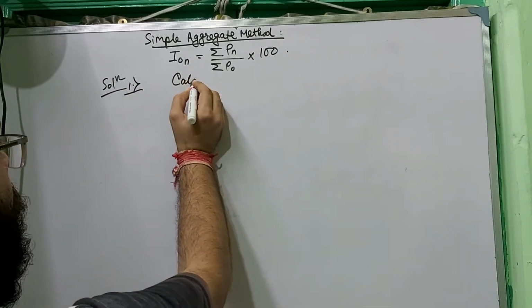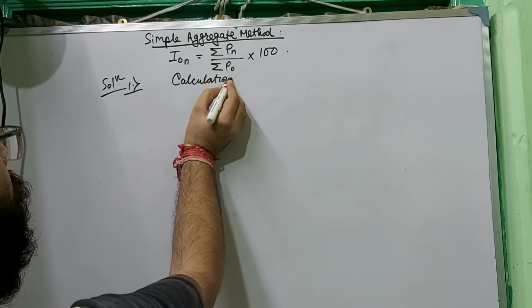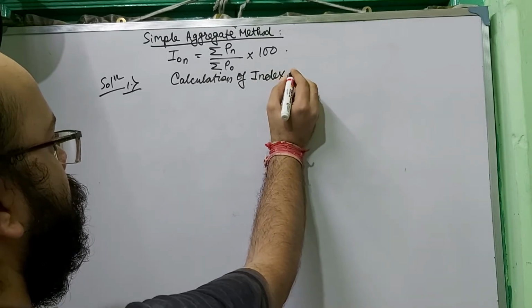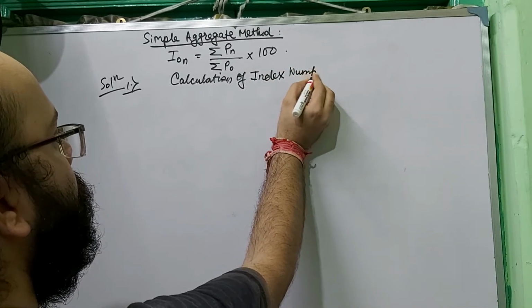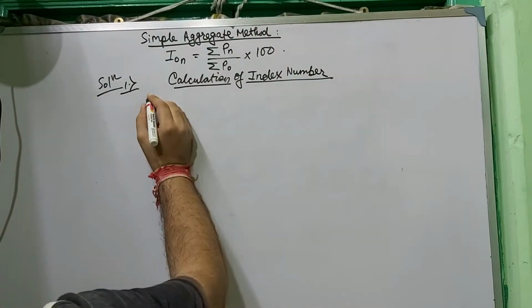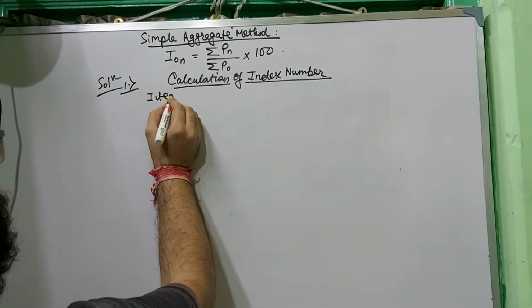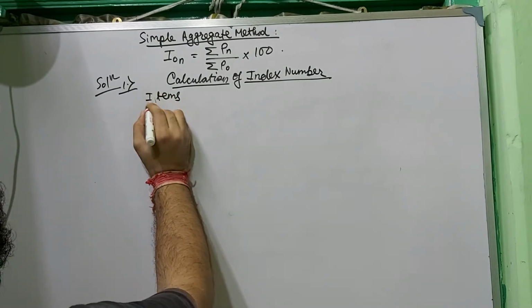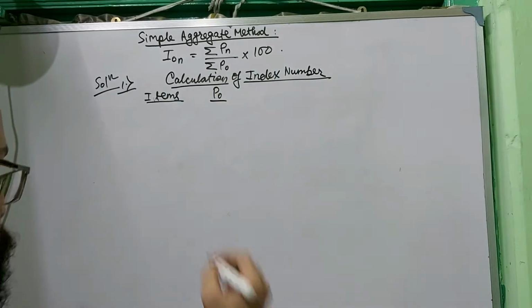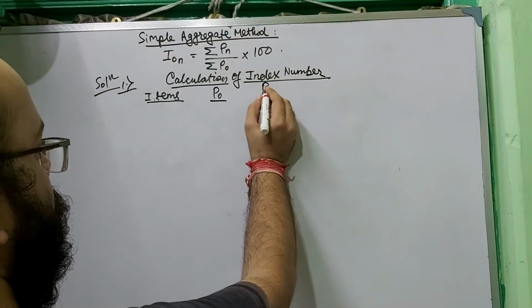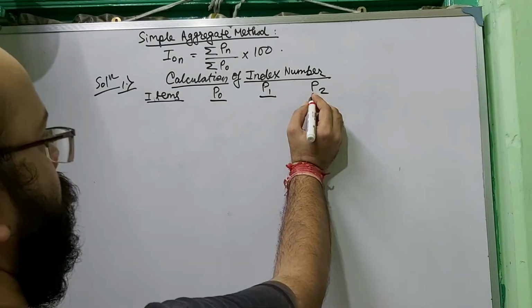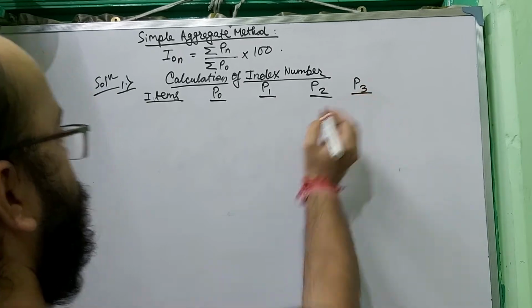The items have been provided. P0 is the base year, then P1, P2 and P3. 83 is given, so P3.